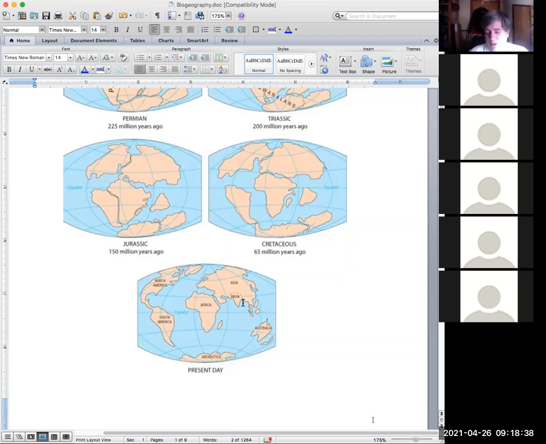This causes the plates to get smaller. So we can have activities that move the plates farther apart. We can have activities that move them closer together. So both of these factors are important when we look at history.